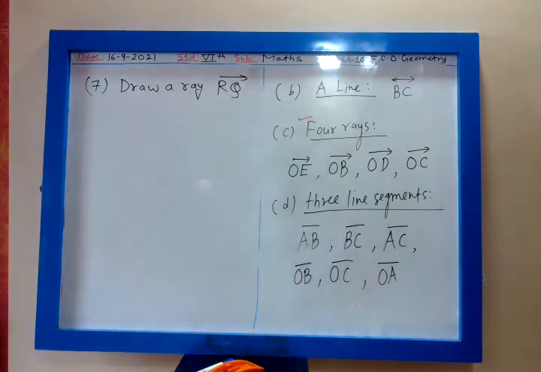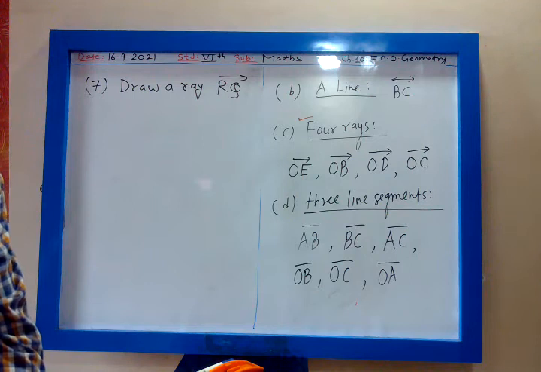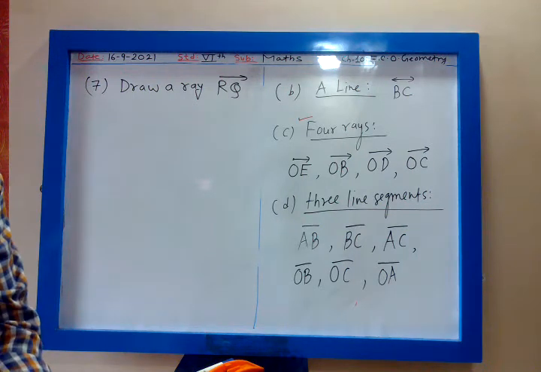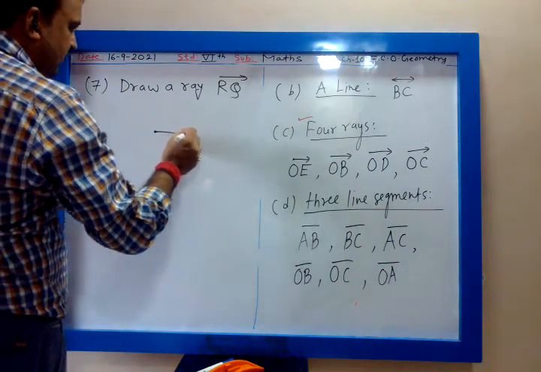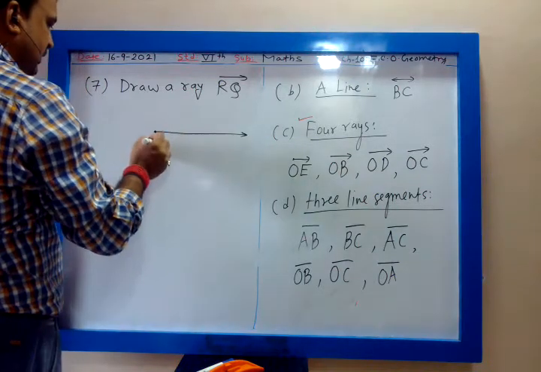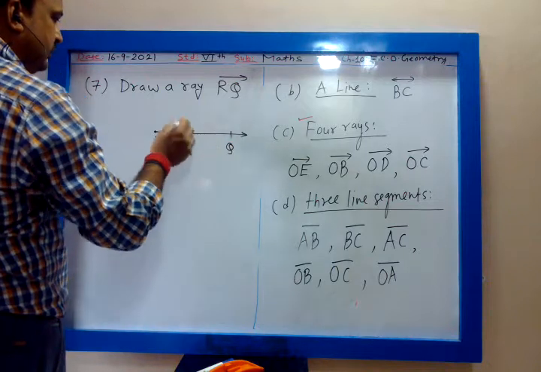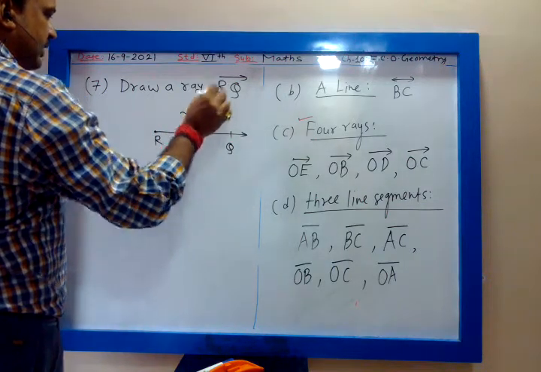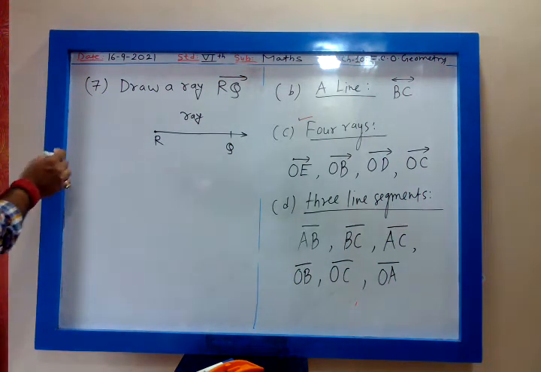Starting point is R. This is R and this is Q. This is my ray RQ. Correct? Now first, what is its starting point?